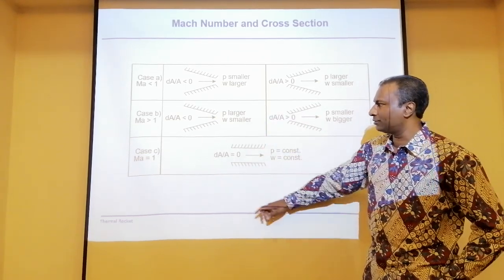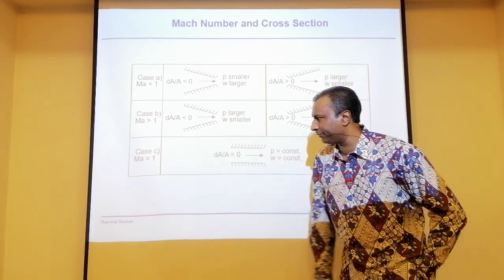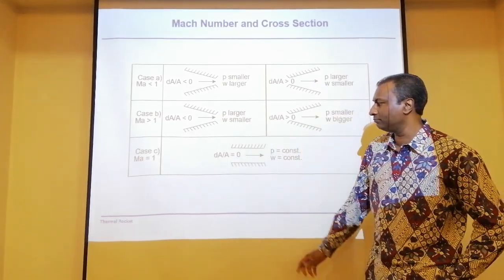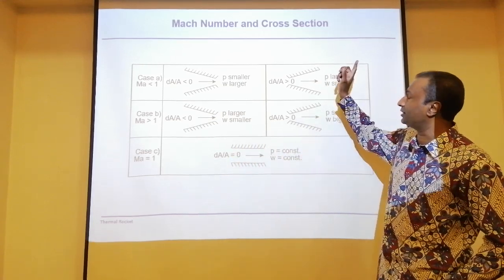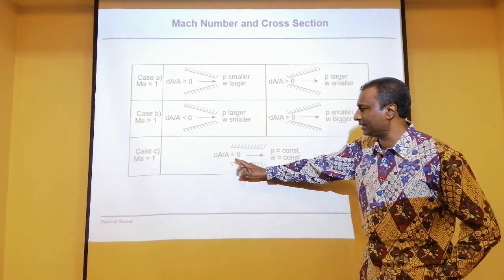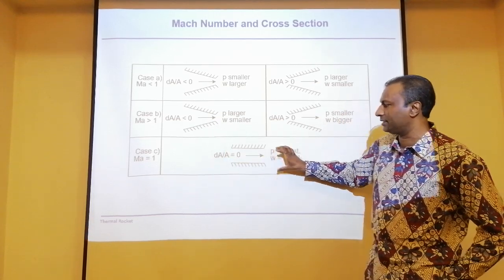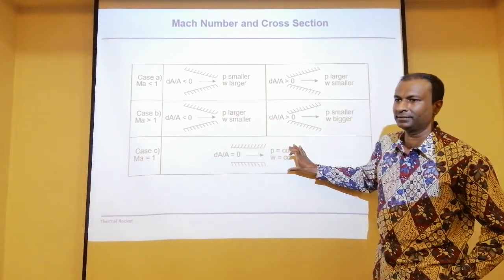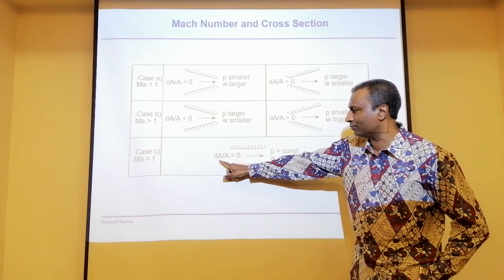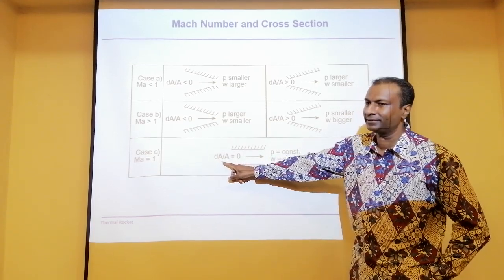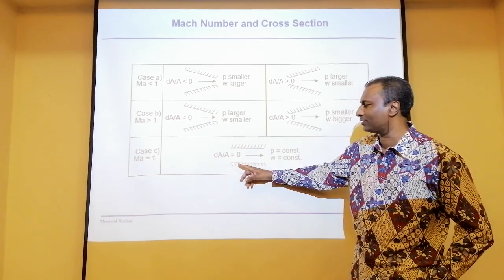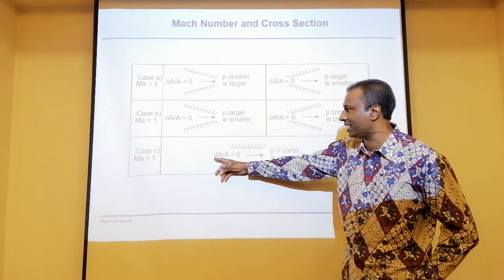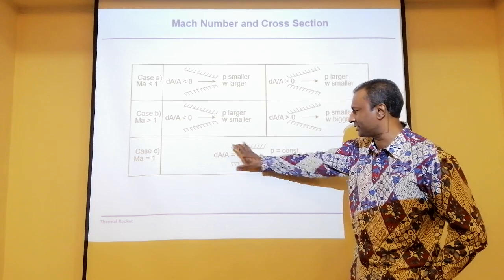So now let's say for the gas, this is the easiest one. This is a cross section of the nozzle. Let's say that the throat and the exit are the same, just like a pipe, a duct. So there is basically no dA over A, that means the variation of A over A is 0, basically a duct.